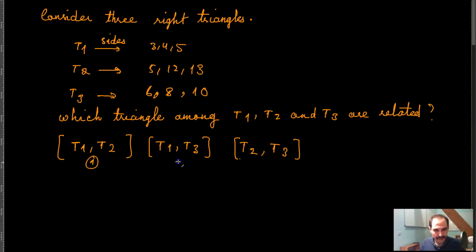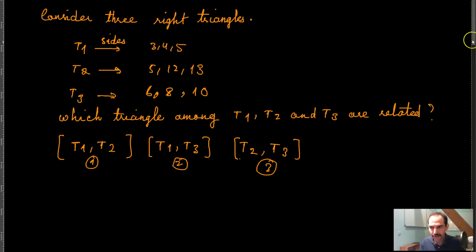So about the first case, you have triangles T1 and T2. If the ratio of the sides are the same, then you can say that the triangles are similar. Here I'm simply assuming that these sides have been given in the same order, meaning that these side lengths denote the corresponding sides in all of these triangles.